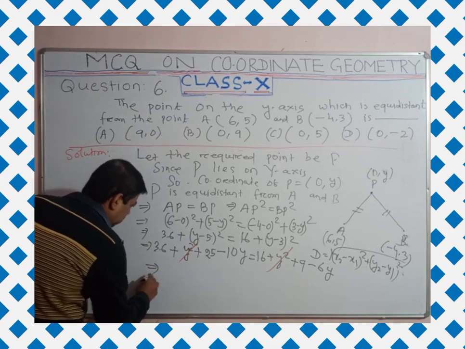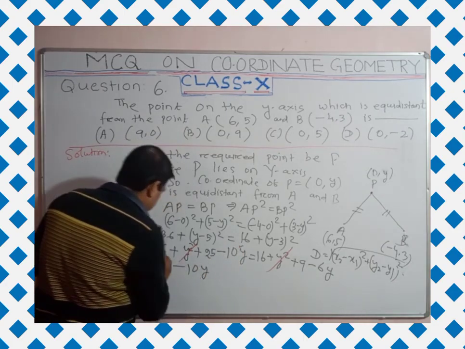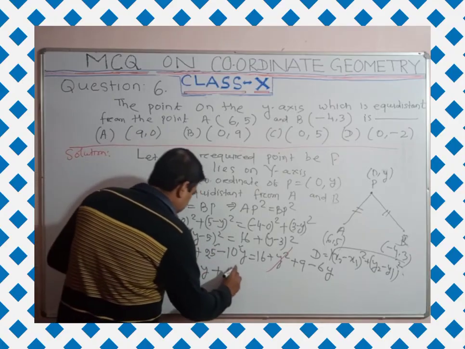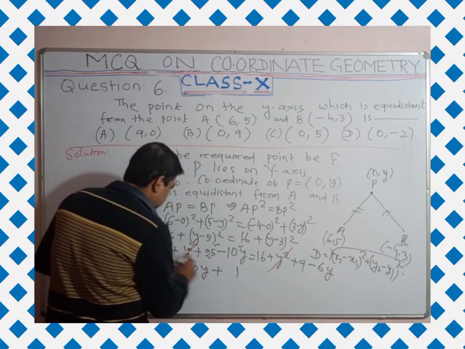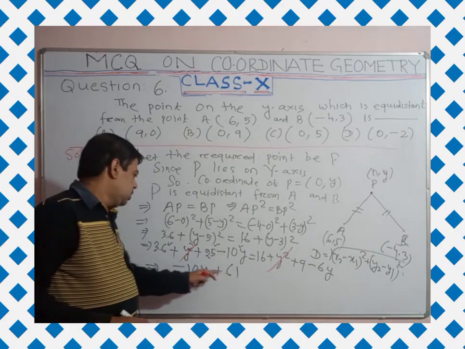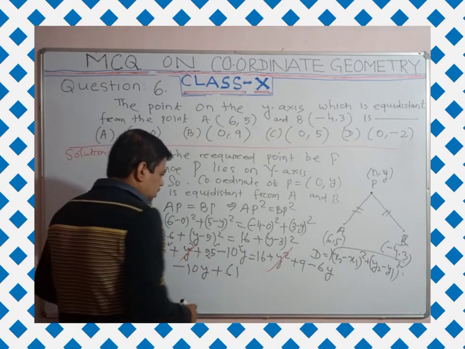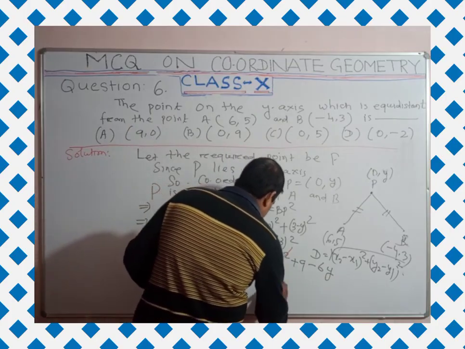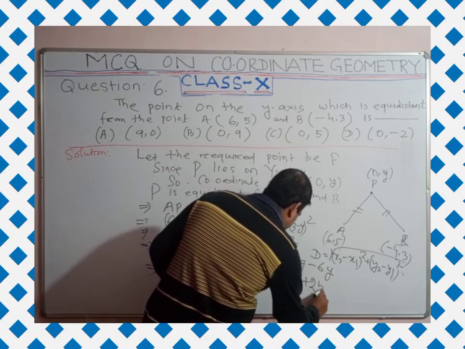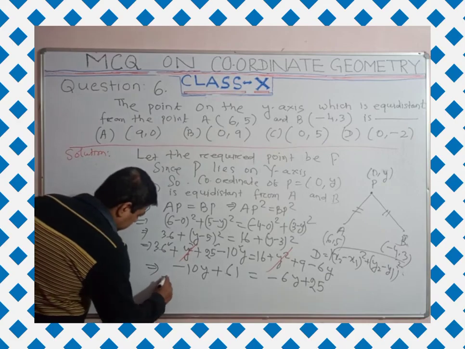Minus 10y, plus 36 plus 25, how much? 6 plus 5 is 11, carry 1, 3 plus 1 is 4, plus 2 is 6, so 61. So minus 10y plus 61 is equal to minus 6y plus 16 plus 9, how much? 25. Yes or no? Is it correct? Check your calculation, students.